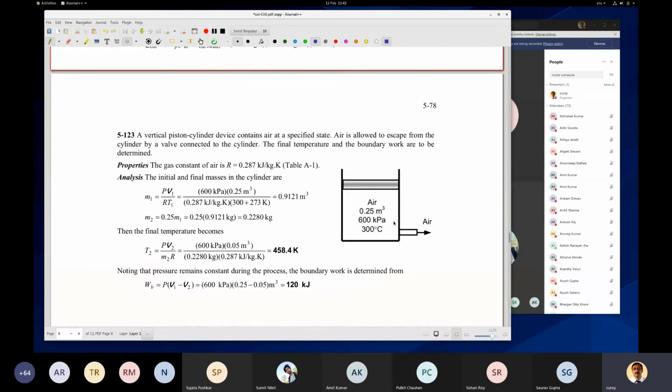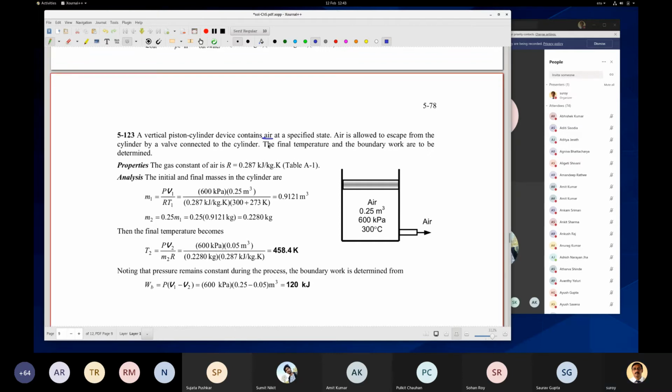Now this is a different type of problem with a piston cylinder. We have also discussed many piston cylinder problems earlier. This contains air.